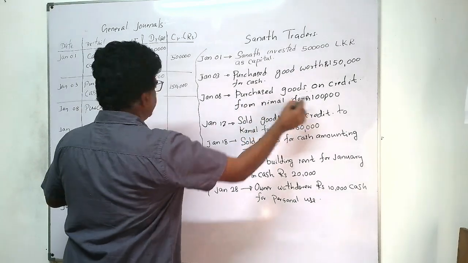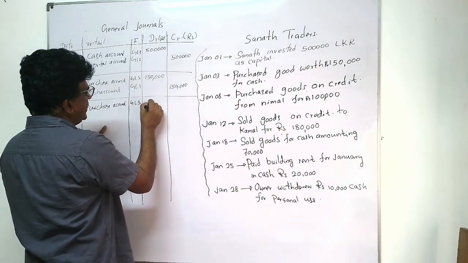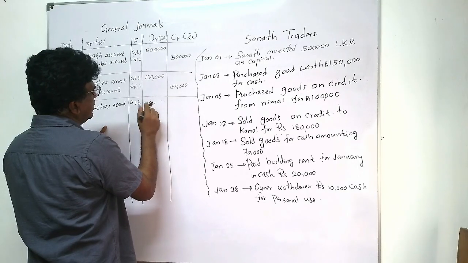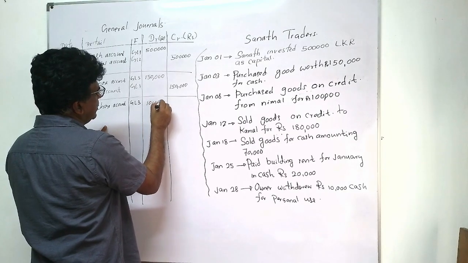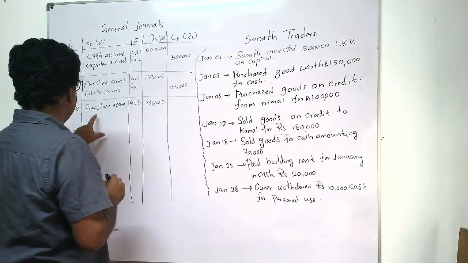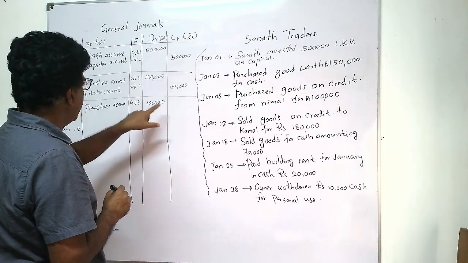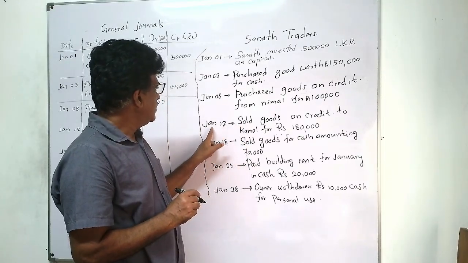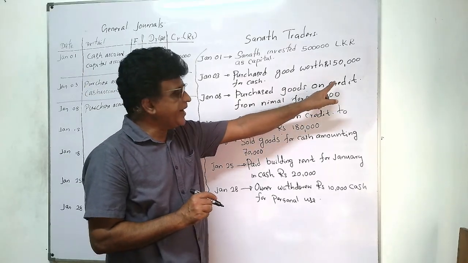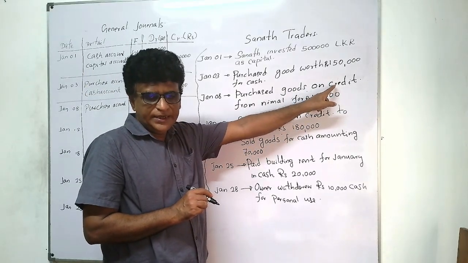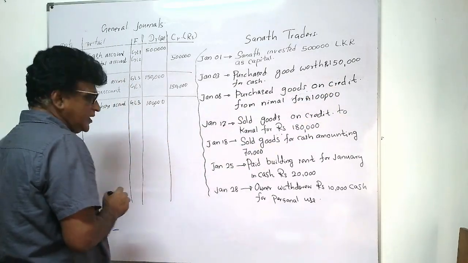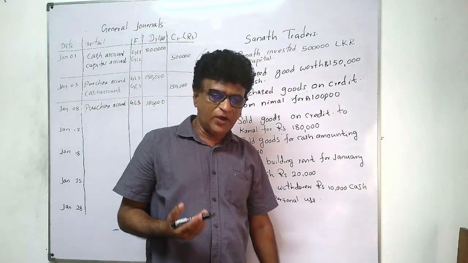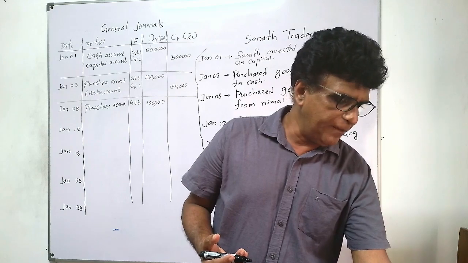January 8th, that is 100,000. I'm going to debit this account, and there is another new account. Why? Purchase goods on credit, then that is payable, right? We have to pay. If I buy something on credit, then we have to pay.